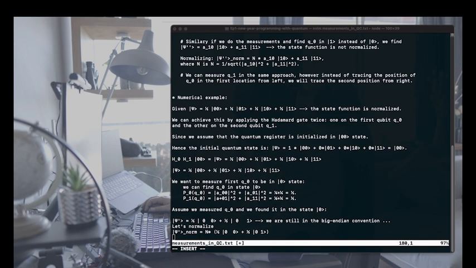The normalization can be done by multiplying the normalization constant N times the surviving terms in which Q0 is in a state of ket 0.